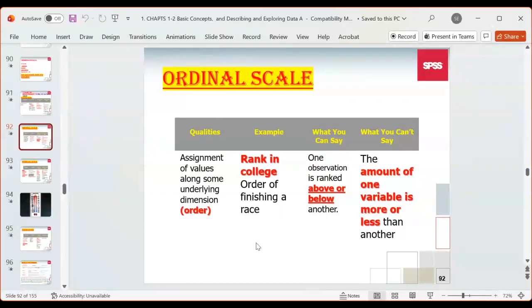We can say that somebody is severely depressed or moderately depressed or mildly depressed: mild, moderate, severe. So again, this is some kind of order, like ranking in the military. That's what it's all about.